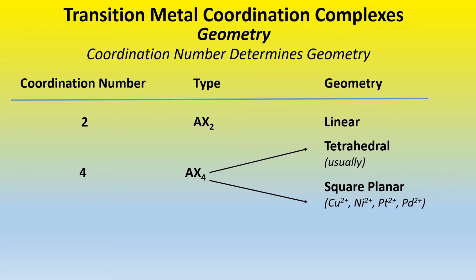Your third most common coordination number is 6, giving the type AX6, which, as with a Lewis structure, gives you an octahedral geometry.